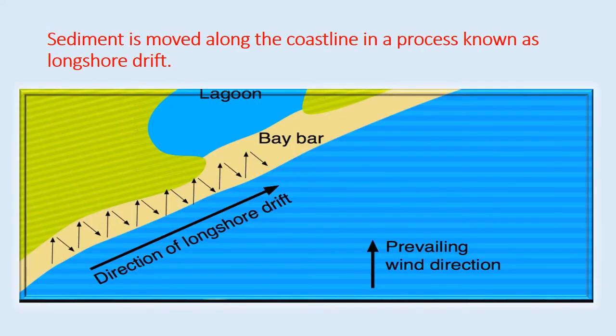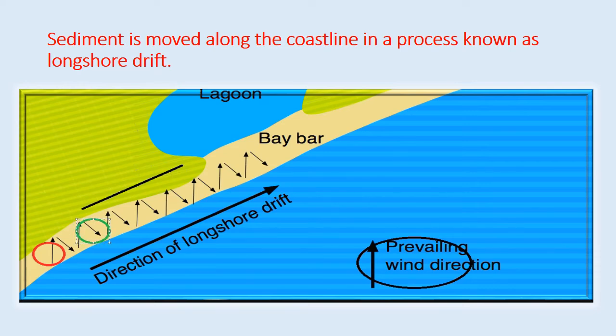Let's have a look. This is the continental part and this is the oceanic part. This is the prevailing wind direction, and swash is coming. Suppose this is the swash, and those are the backwash.